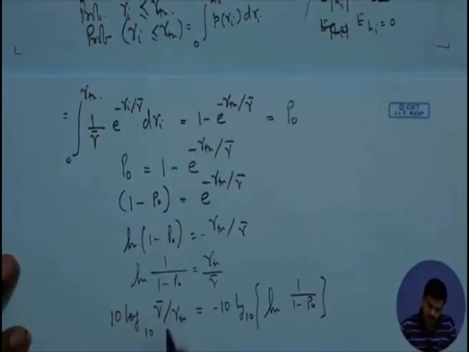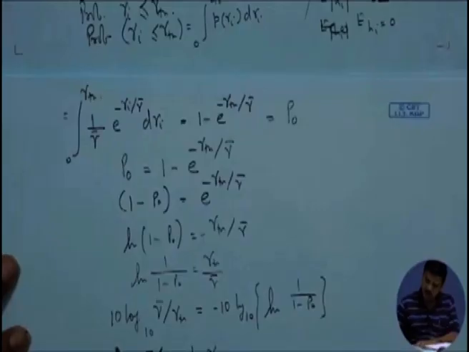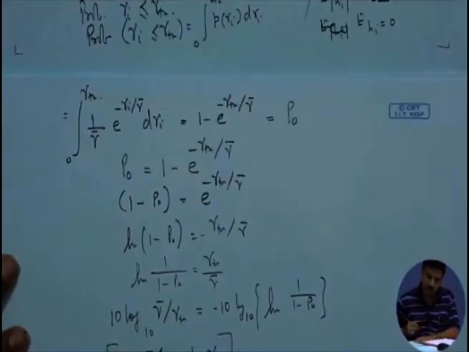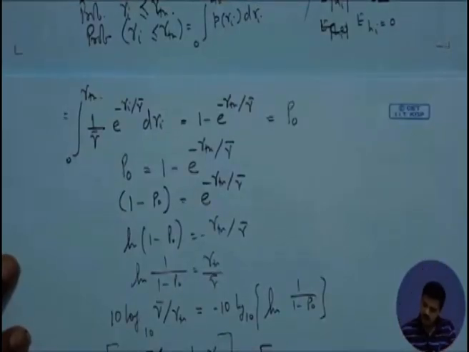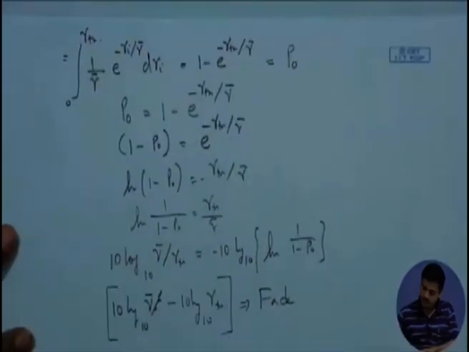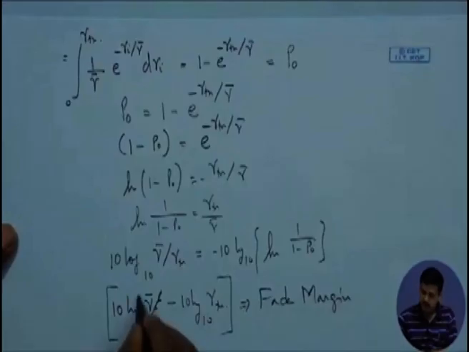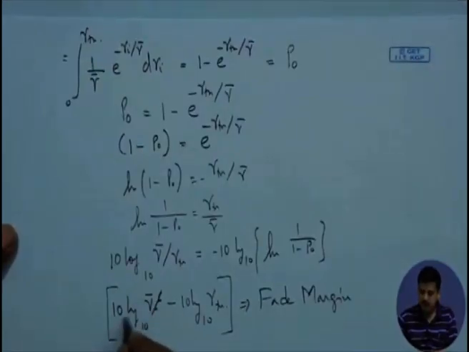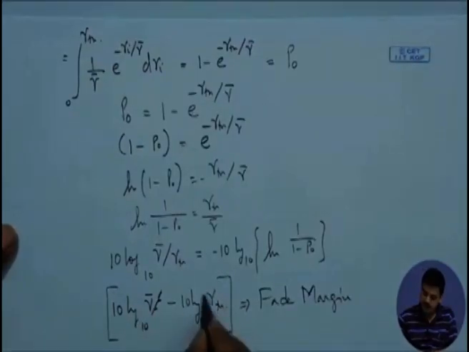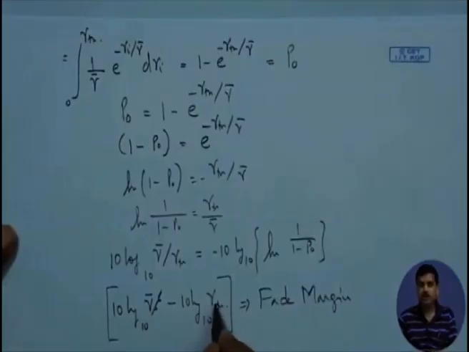If you look at this, what we have over here is 10 log base 10 of gamma bar, which we could say is the SNR in dB, minus 10 log 10 of gamma th. So, this difference that we are seeing is basically the fade margin, because this is the average SNR in decibels, and this is the particular threshold that we are talking about.